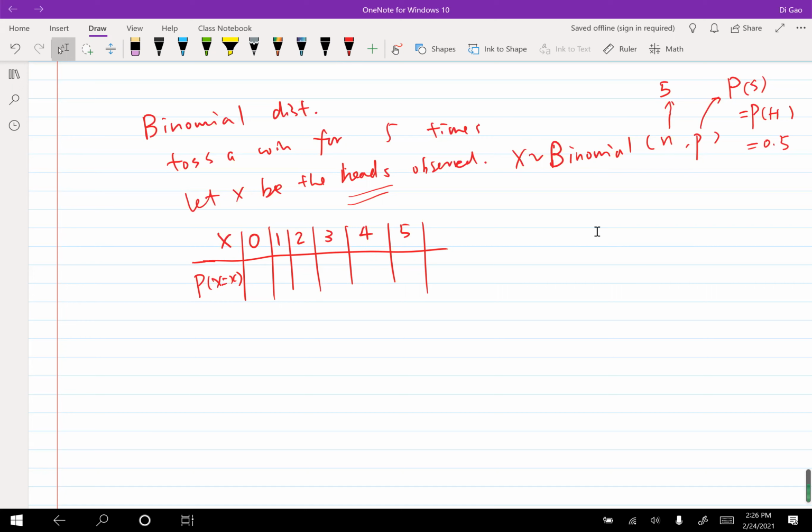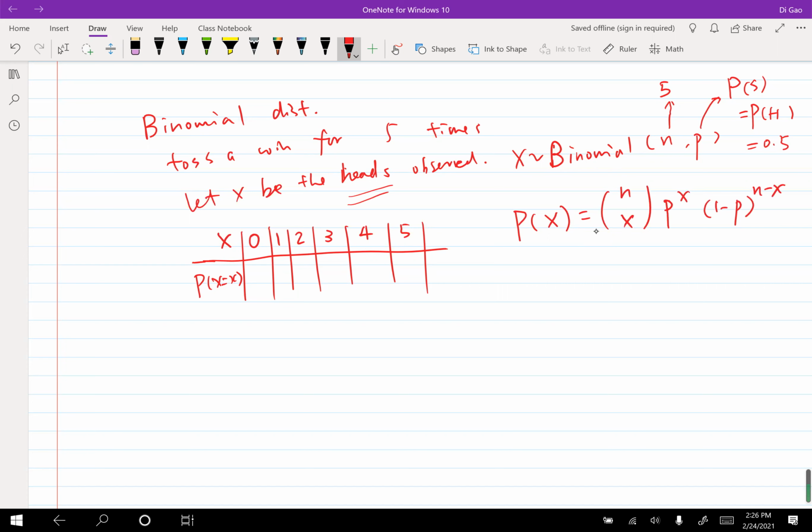Then we can have all the values calculated using the binomial probability mass function, P(X = x) equals n choose x times p to the power of x times (1 minus p) to the power of n minus x.